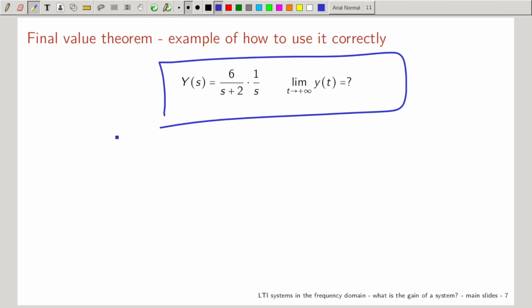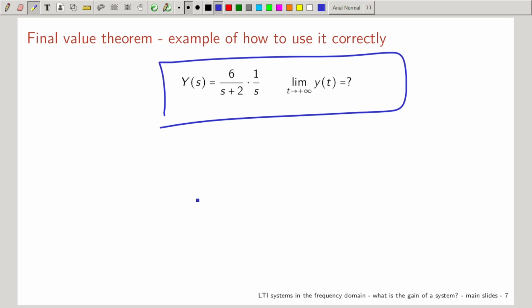Where do I go? This one is going to be equal to... No, it's 0.